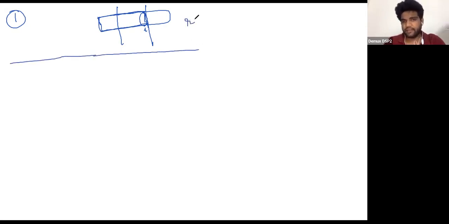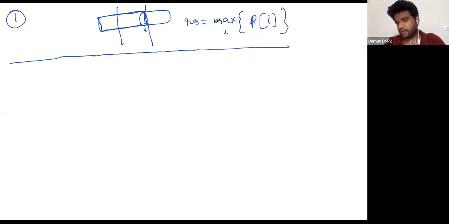So my result is the maximum across all I of the maximum product subarray ending at I. Let's call that problem P of I. So I have to take the maximum across all I's. That is my thinking. Now I know that I have to find this P of I.